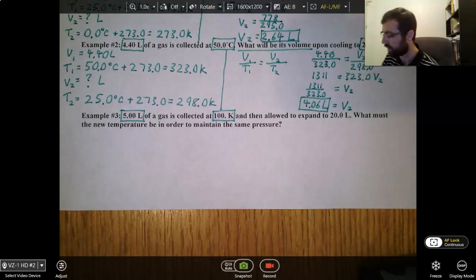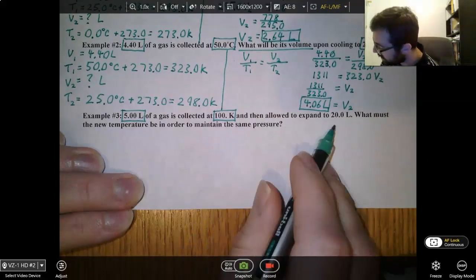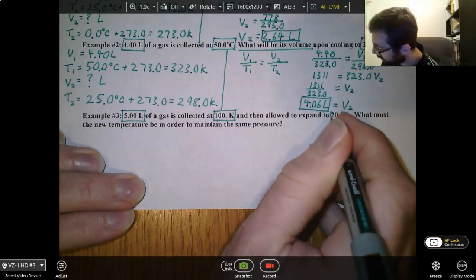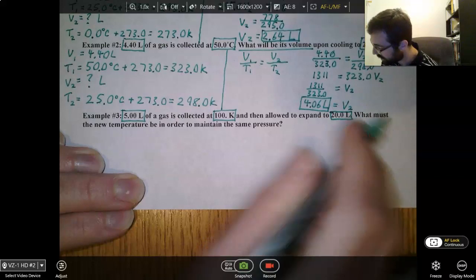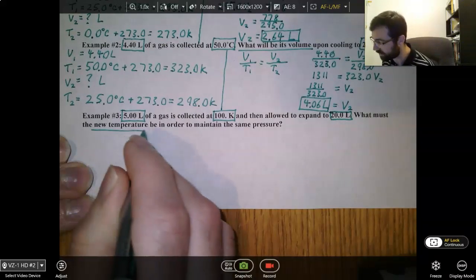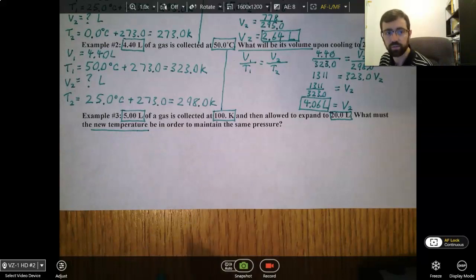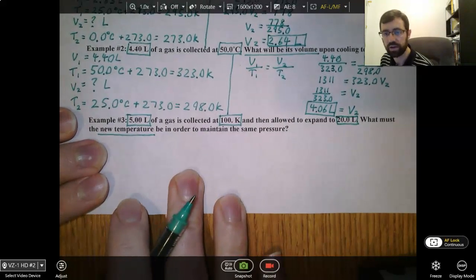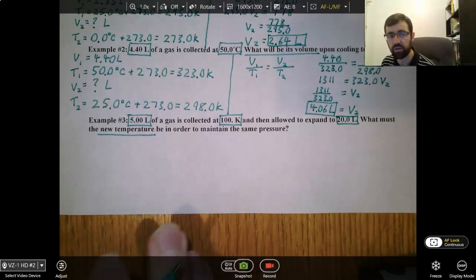And then it's allowed to expand to 20.0 liters, so it gives us our second volume. What must the new temperature be if we were going to maintain the same pressure? So in other words, we're going to leave the pressure alone. That's constant. The only things that are changing are volume and temperature.